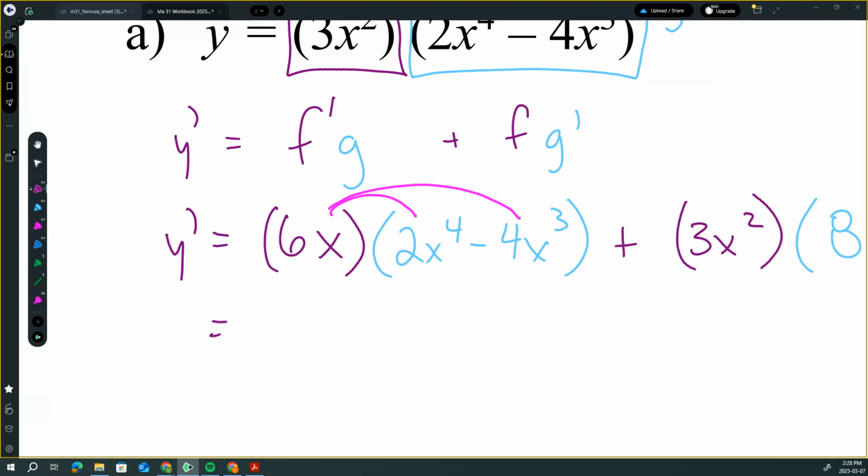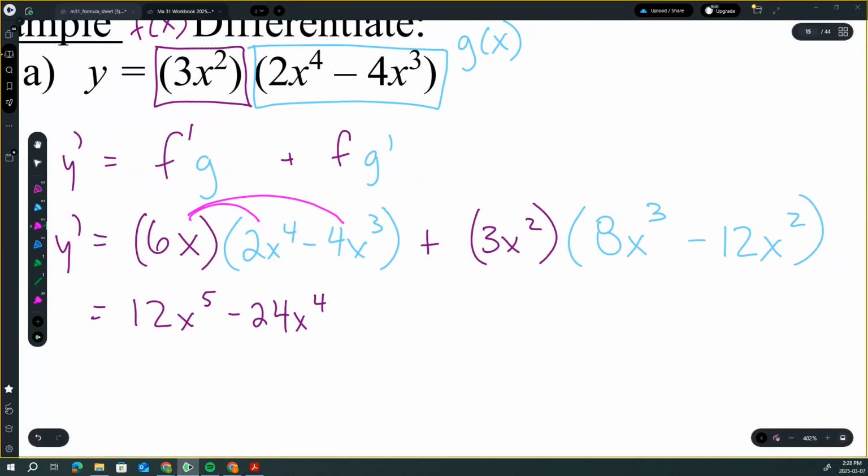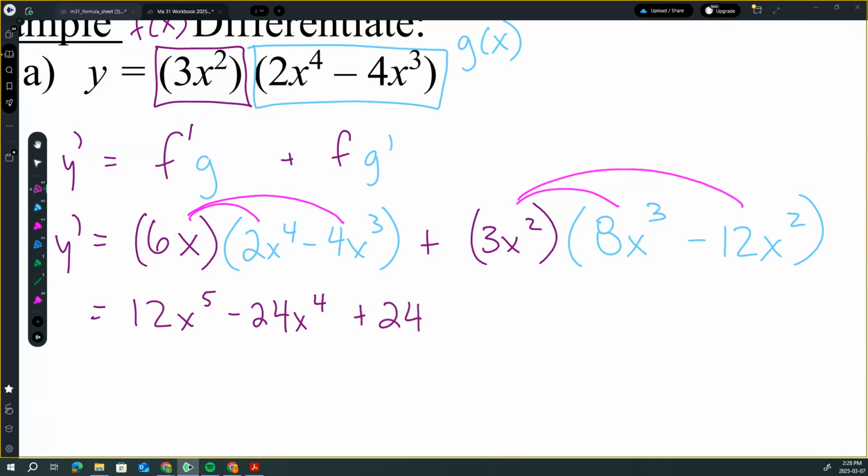So 6x times 2x to the power of 4 is going to be 12x to the power of 5. 6x times negative 4x cubed, that's going to give us negative 24x to the power of 4. Same deal with the next one here. Just distributing that 3x squared through. So we're going to get 24x to the power of 5 minus 36x to the power of 4.